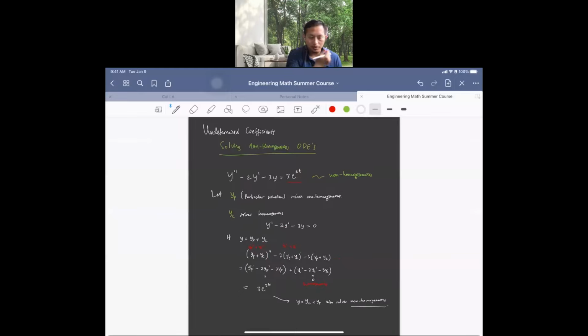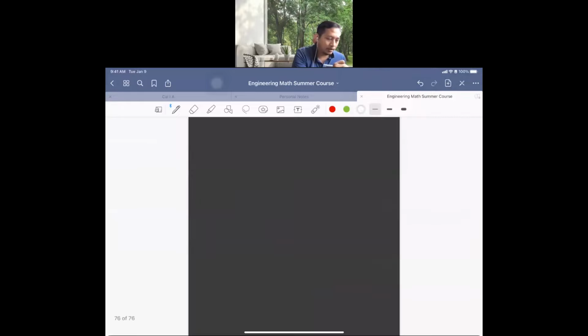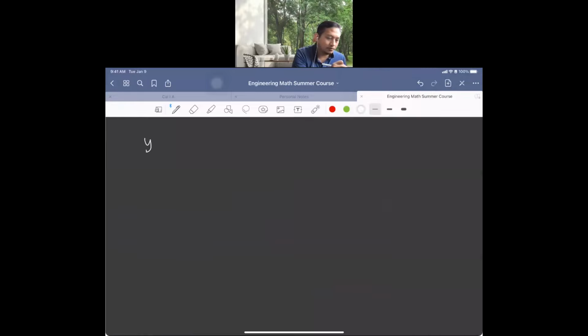So what are the steps that we need to check using this method? Let me just give you the steps. The steps are, let me write back the equations.